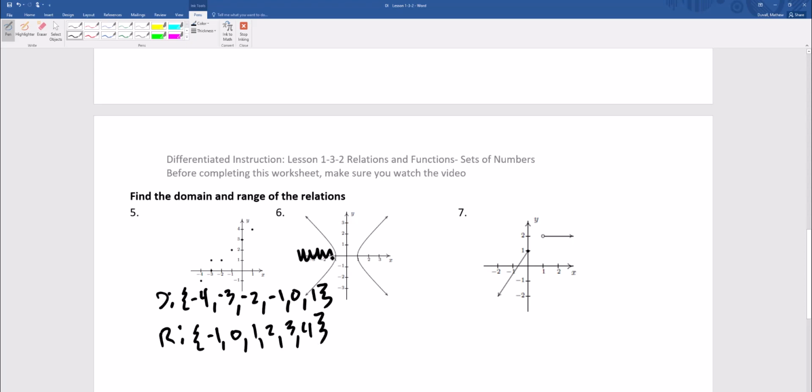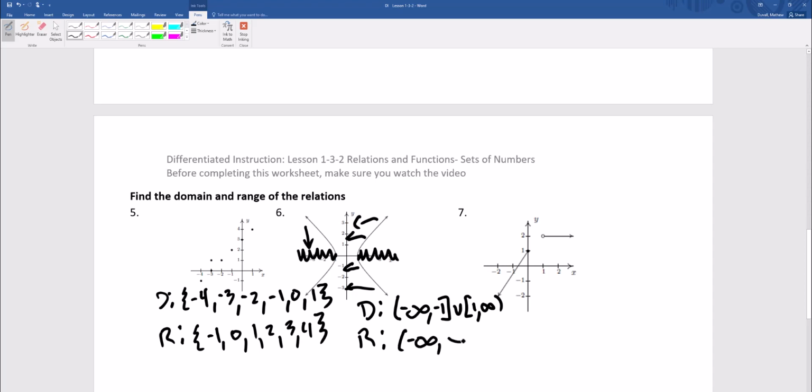For this, right, the domain, if I project it, that becomes -infinity to -1 union from 1 to infinity. And the range, if I project, everything's going to get shaded, so that's -infinity to +infinity.